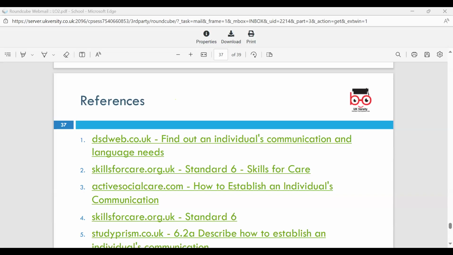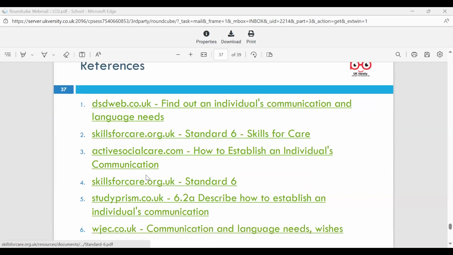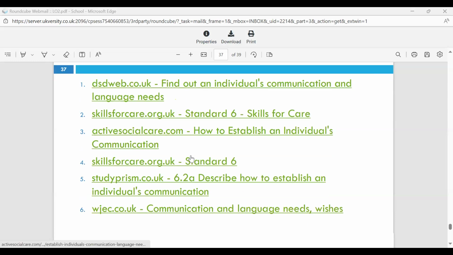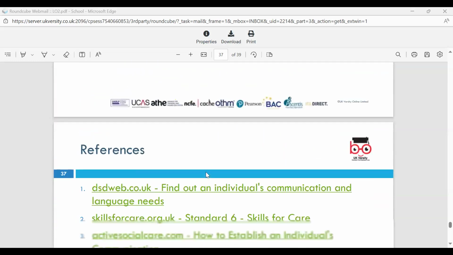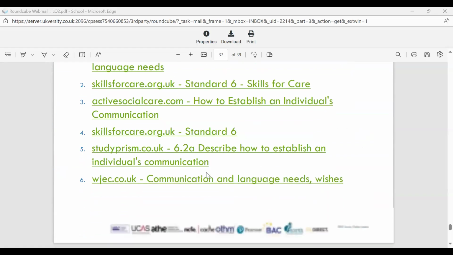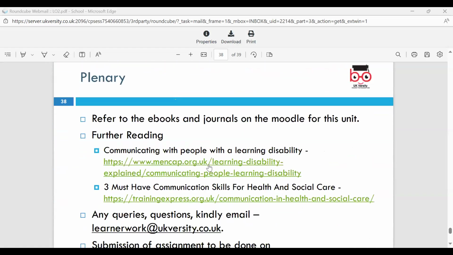So these are the links here to learning outcome 2. You can just right click on these and open these links. Has anyone got any questions before we finish off the session? Some of the ebooks are available, and journals and any sort of articles are available on Moodle for you, and that's the main resources.